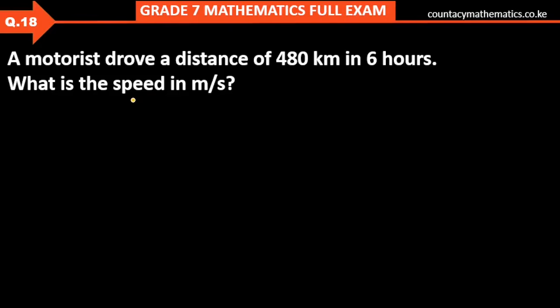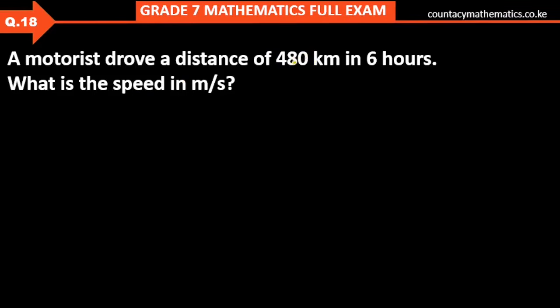This is quite interesting because it is asking us to find the speed in meters per second. There are different ways in which you can calculate this. One, you can start by changing all these figures in terms of meters.